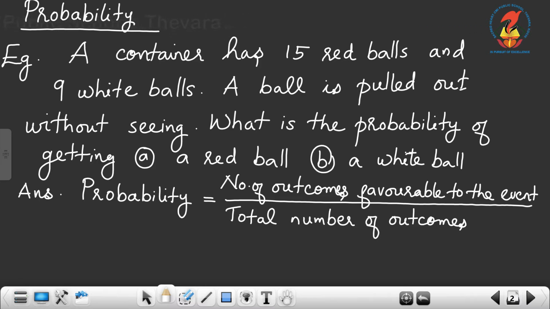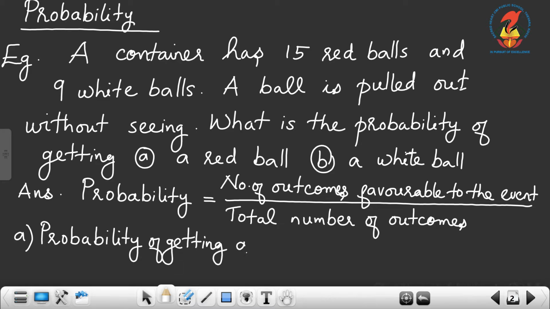Then the first part of the question, probability of getting a red ball.